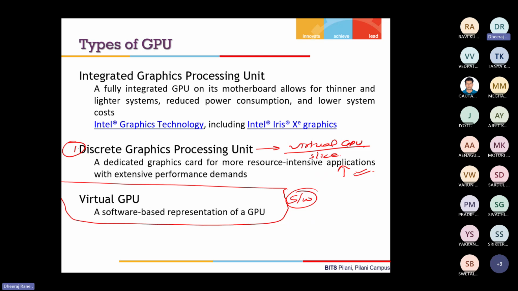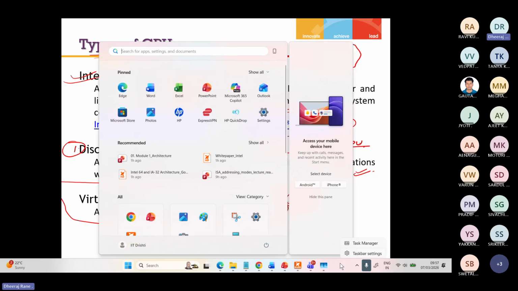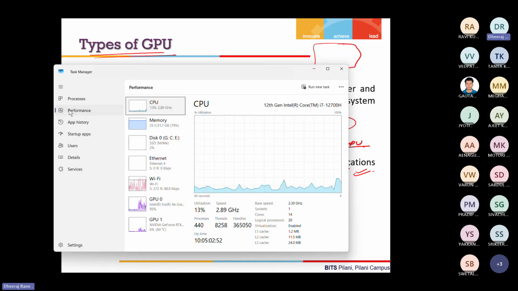Now, types. If we talk about types, then it can be integrated, which you usually see in Intel. Within the chip itself, you have a graphic processing unit, a fully integrated GPU. It allows for thinner and lighter systems, reduces power consumption, and lowers system costs. If you see my system, you can see that two GPUs are there.